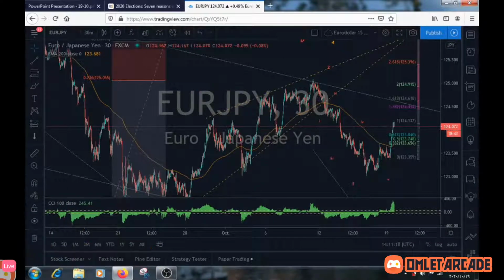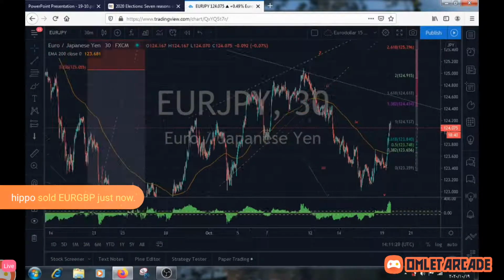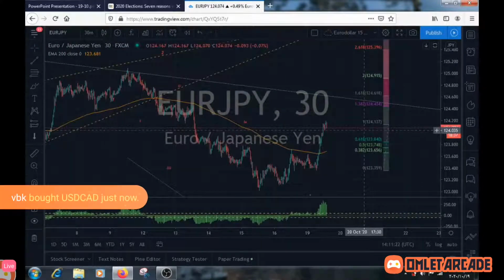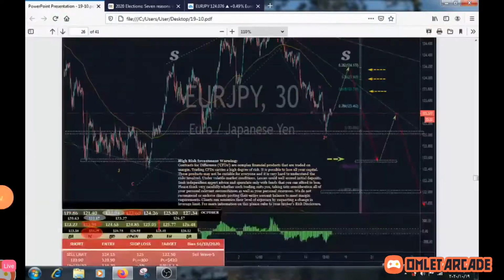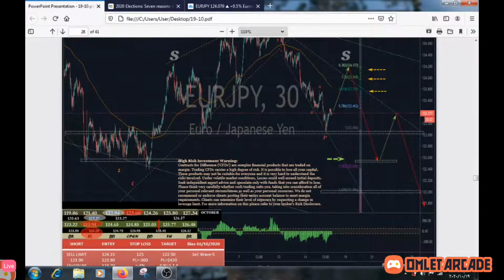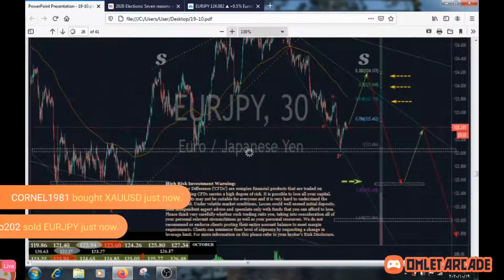All right, so to wrap that up, this is the time to enter short, according to our projections, when these were shown here: 124.20, 124.90, 123.90, and 123.70.